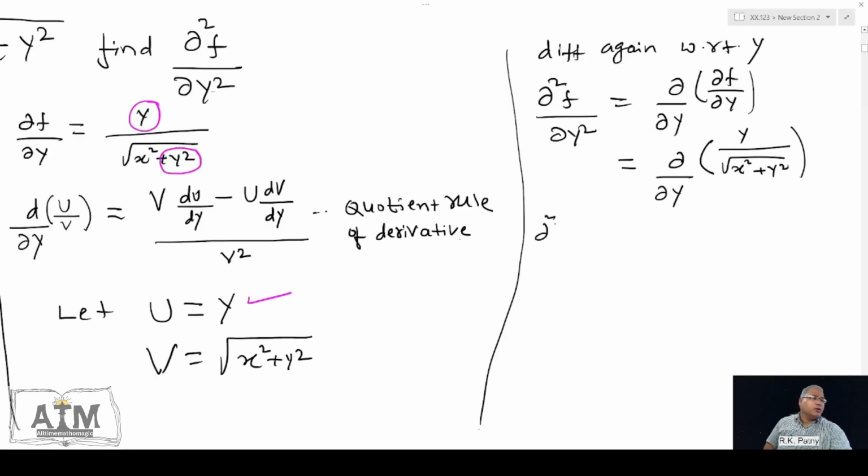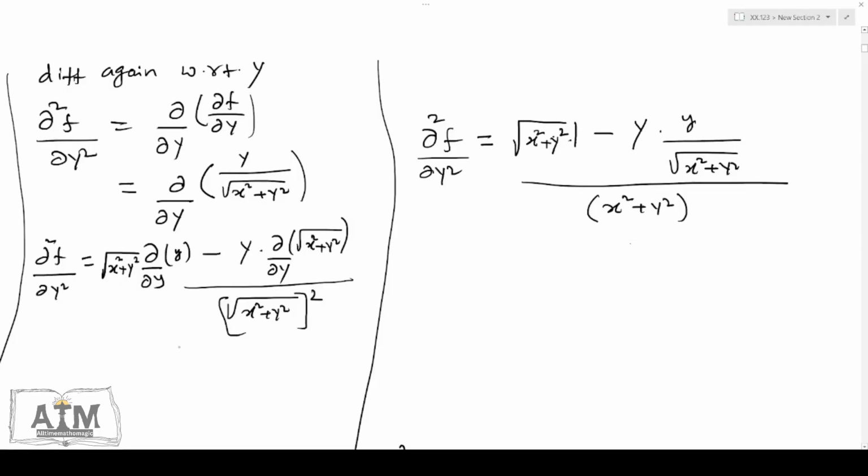Now putting into the formula of the quotient rule, this is v, this is du by dy, then y as it is, then the derivative of the denominator, and denominator square.